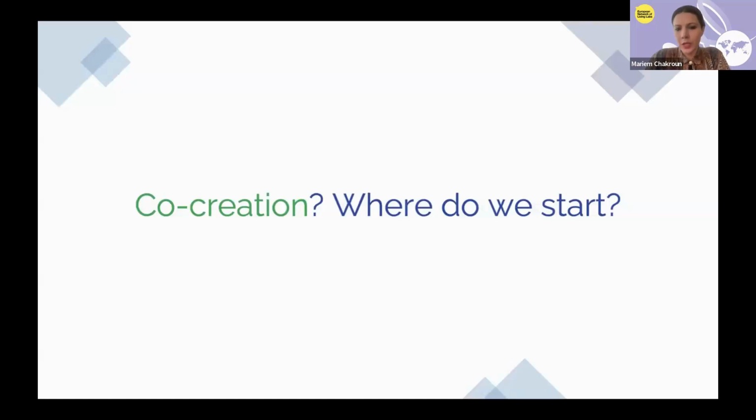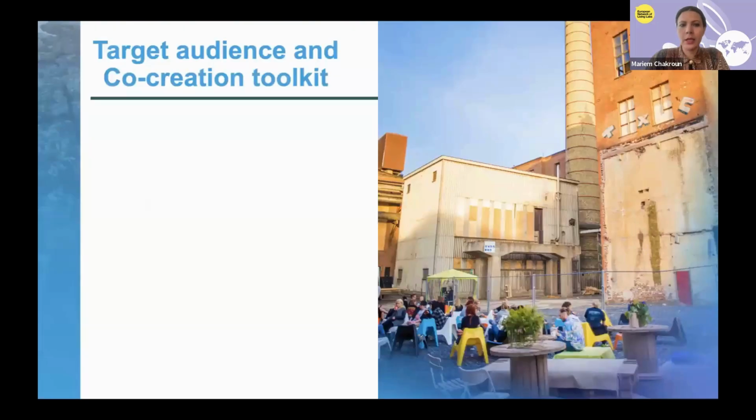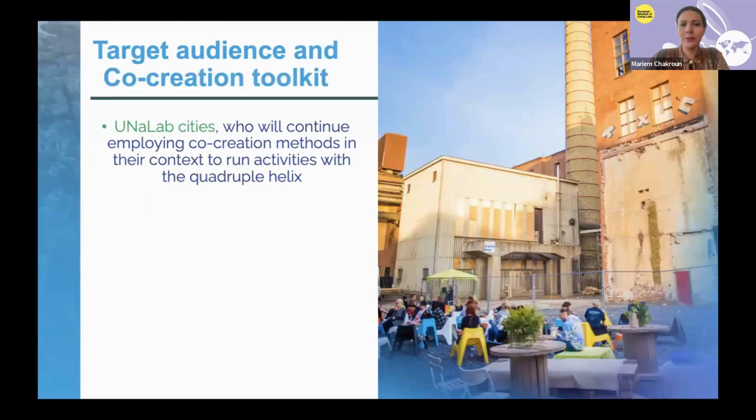So how did the co-creation process start here? We started by defining the target audience for the co-creation toolkit. First, the main target audience was the UNALAB cities, the ones who were co-creating the solutions and implementing them.